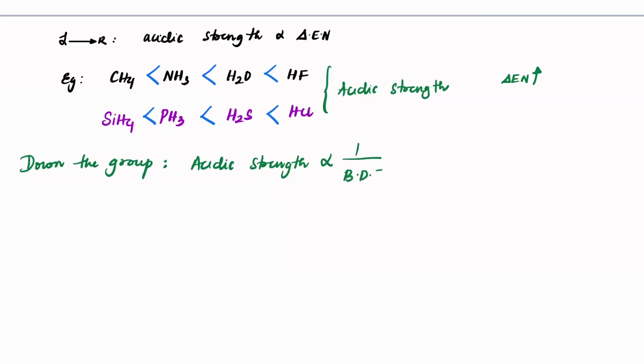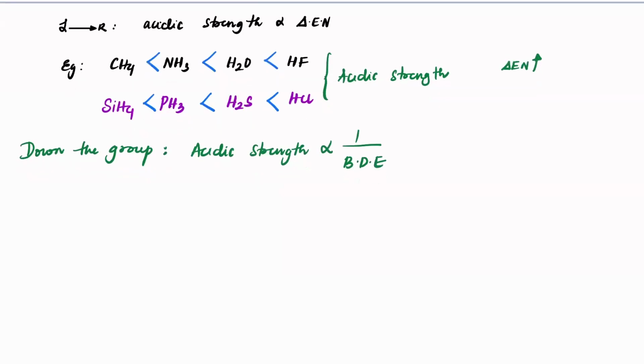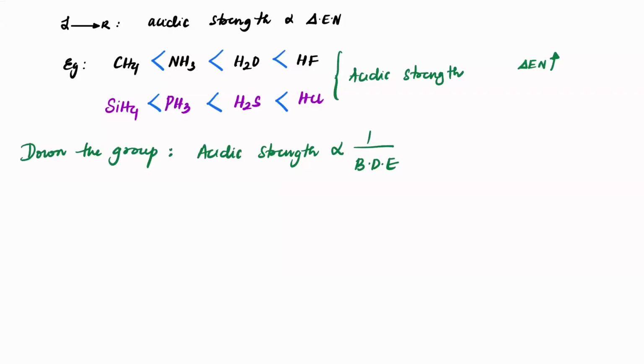That means bond strength. Weaker the bond, more is the acidic strength. So if we compare HF, we learned already that because of more electronegativity difference, it has a stronger bond. Because it has a stronger bond, it is difficult to break compared to HCl, compared to HBr, compared to HI. So this is the acidic strength.